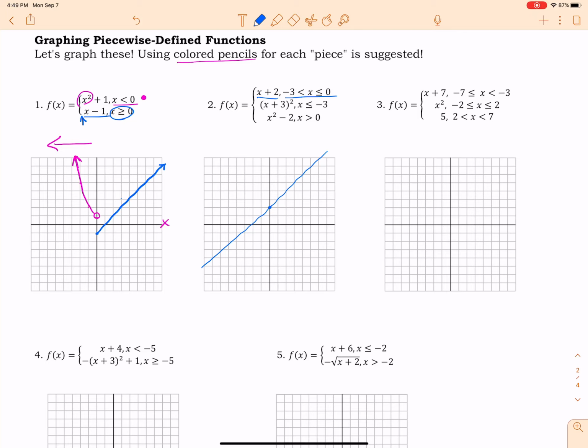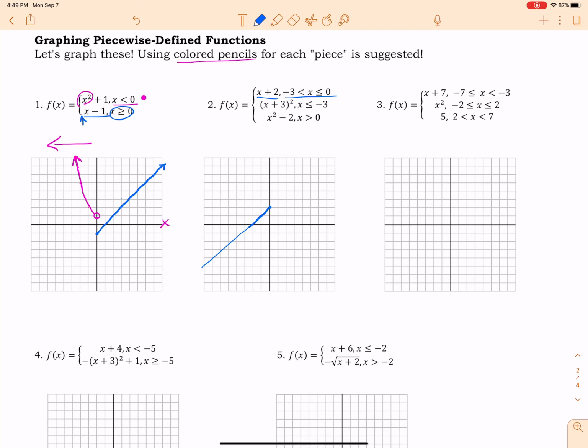It's less than or equal to 0. So that's right here. So I'm going to erase that line. So it's less than or equal to 0. So that's going to mean right here.